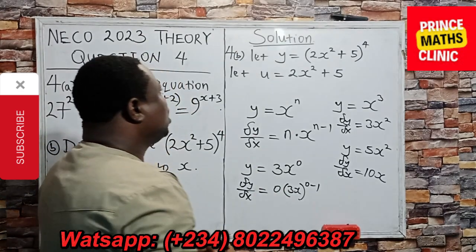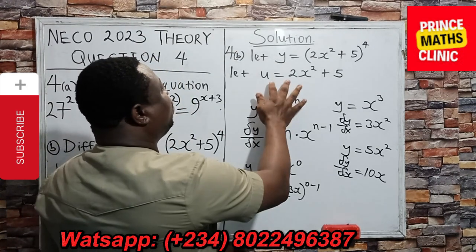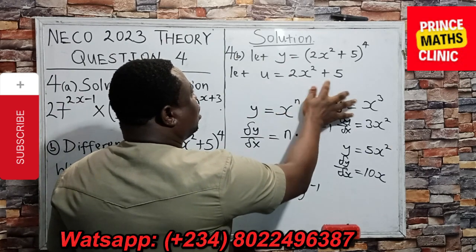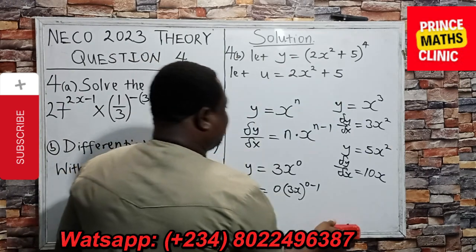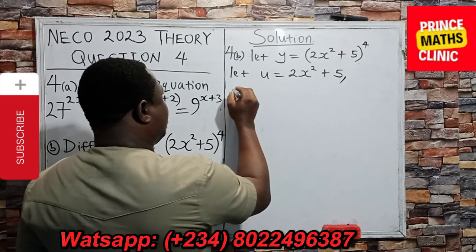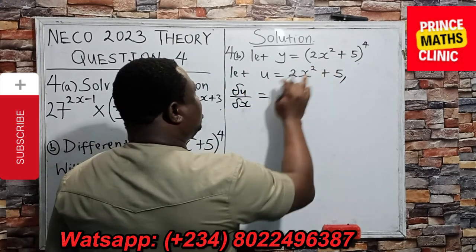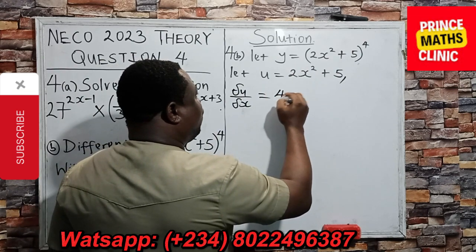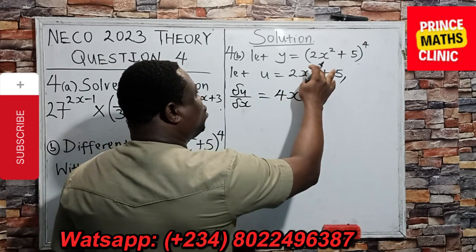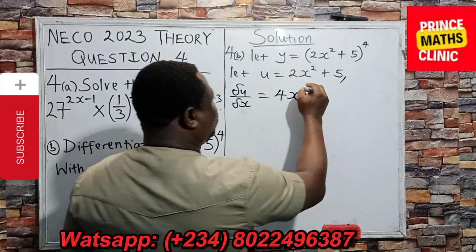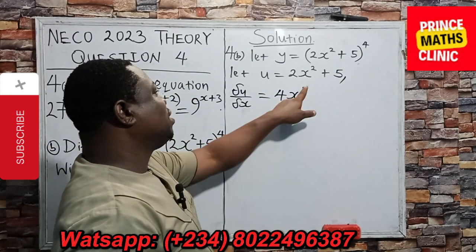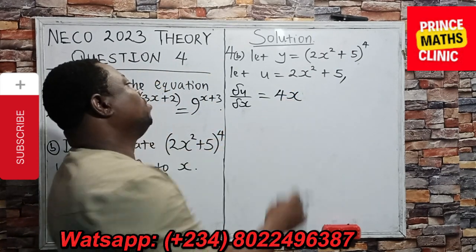So using everything I've explained now, I want to differentiate this u with respect to x. Doing that, du/dx, when you bring this here, this becomes 4x, then 2 minus 1 is 1, which is the same thing as 4x. Good.